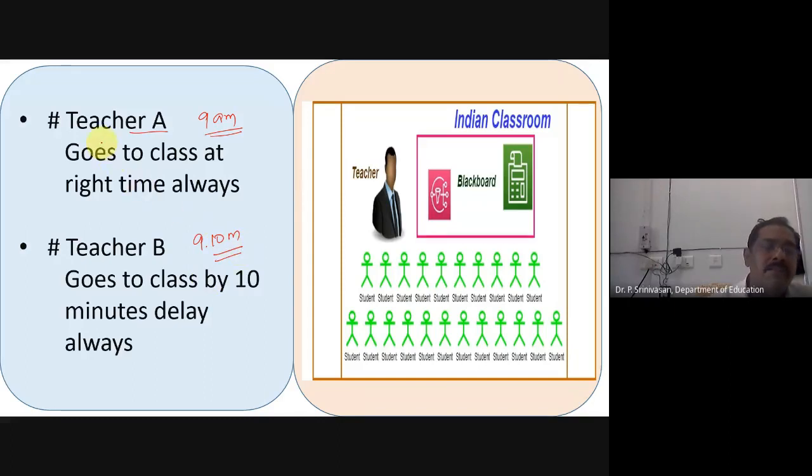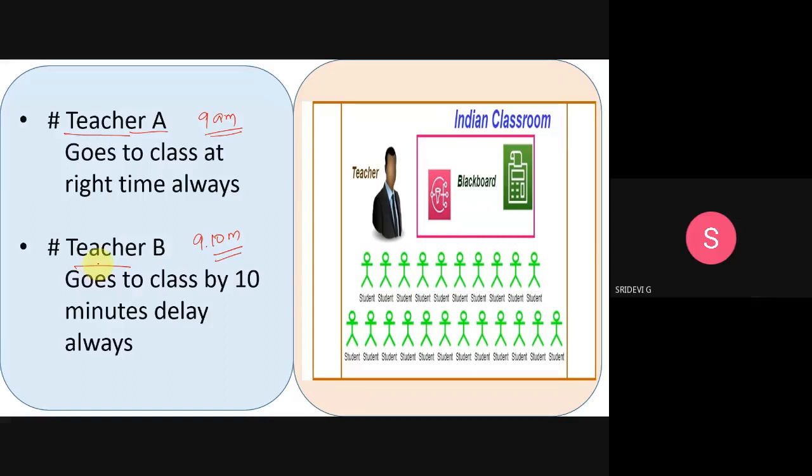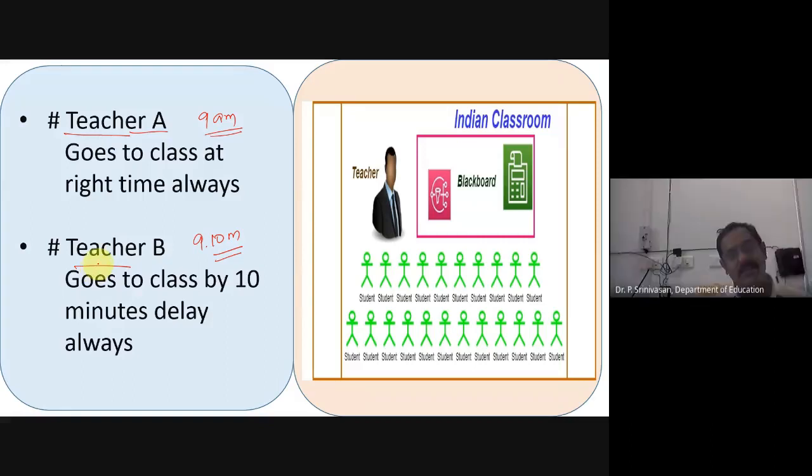Can we tell, with respect to the characteristics of the test, what is about teacher A and what is about teacher B? With respect to the characteristics, can you name them? Which teacher is which character? Teacher A is punctual, sir. Yes, okay. But I'm asking with respect to the characteristics of the questions, test.